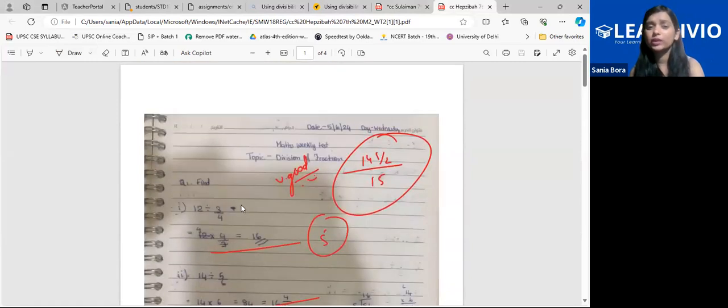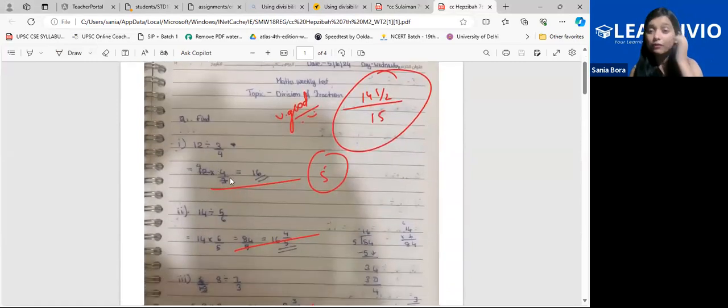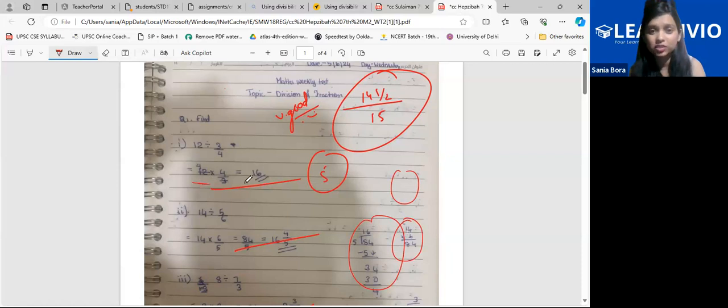See, whenever you are doing it like this, you have to write it like this. These are the steps. This is compulsory. The calculation I don't need. Even if Hepzibah doesn't mention this, I'll never deduct the marks or never give extra marks. I need this. Yes, ma'am. Okay.